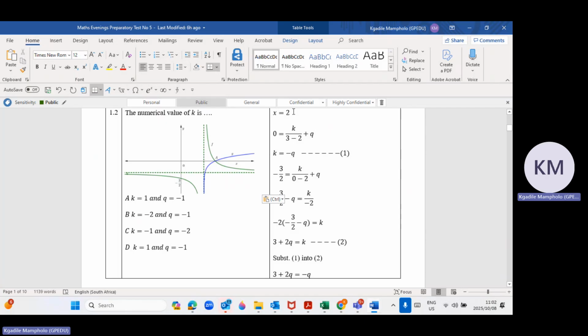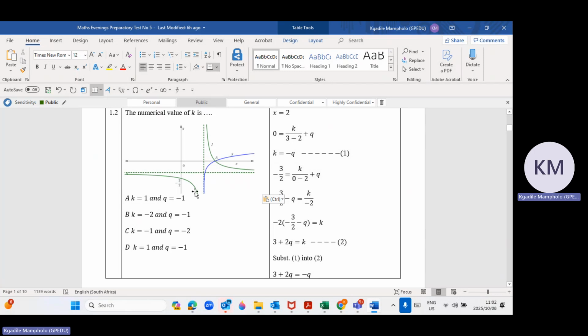Now, first, x equals 2. From g, you find that the vertical asymptote is x equals 2, so p will be negative 2. Now, x at A is 3, then y is 0. Then you substitute to make equation 1.